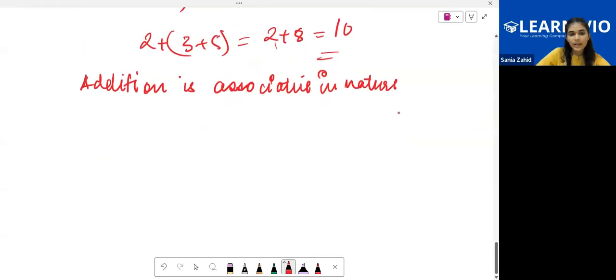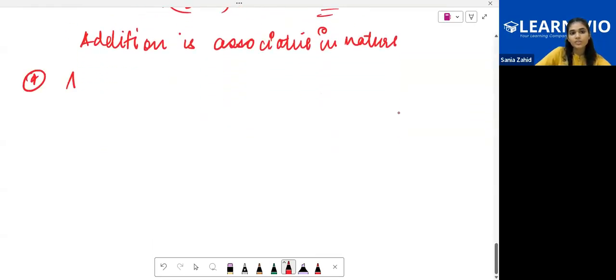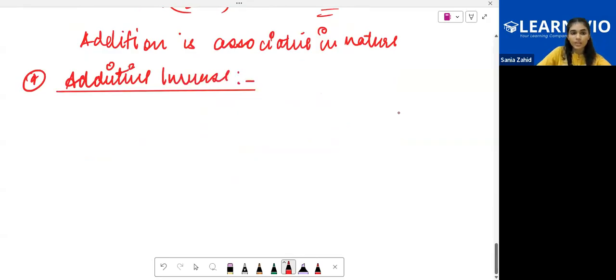Right. Now we have the fourth property, which is the additive inverse. For example, I have any integer a and I add 0 to it. What will I get? A only.